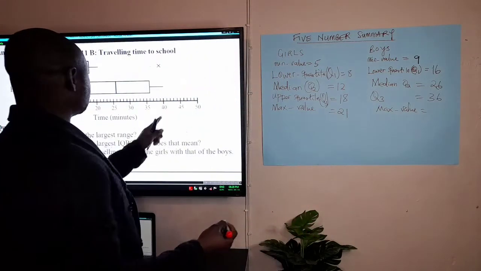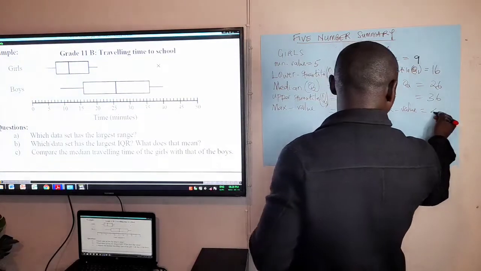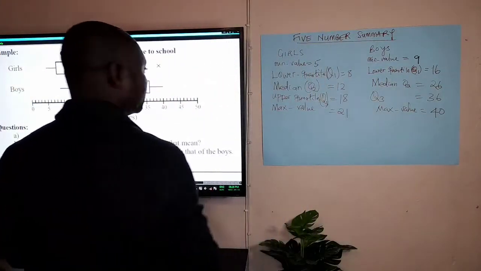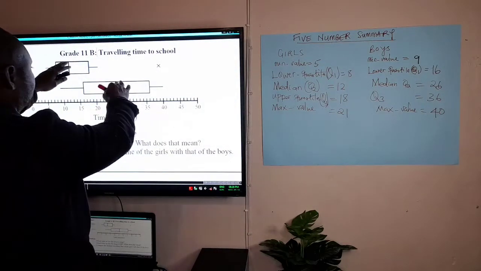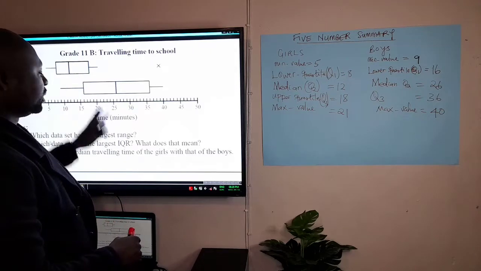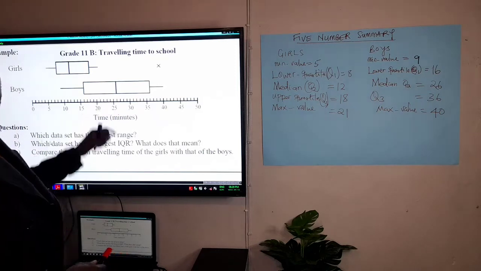And then our maximum value here is 40. Our maximum value is 40. So that's all we got for the 5 number summary for these two data that has been plotted in the box and whisker for the girls and also for the boys.